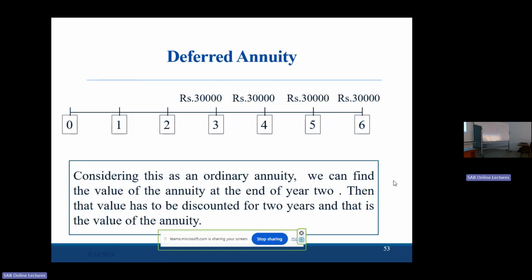And later, to get the present value, you must discount this answer by 2 years. Discount the value. You multiply it by 1.13 to the power minus 2.